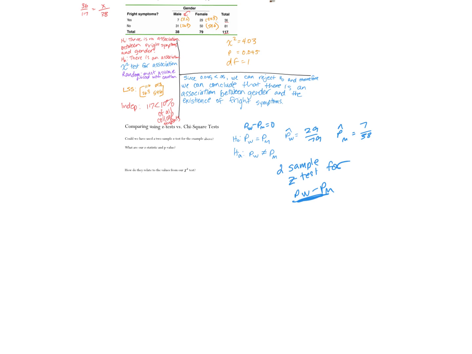Is everybody good? So guys, can you choose the 2 prop z-test in your calculator for me, please? And for P hat 1, for X1 do 29, N1, 79. I'm going to shut up and just let you guys do this.